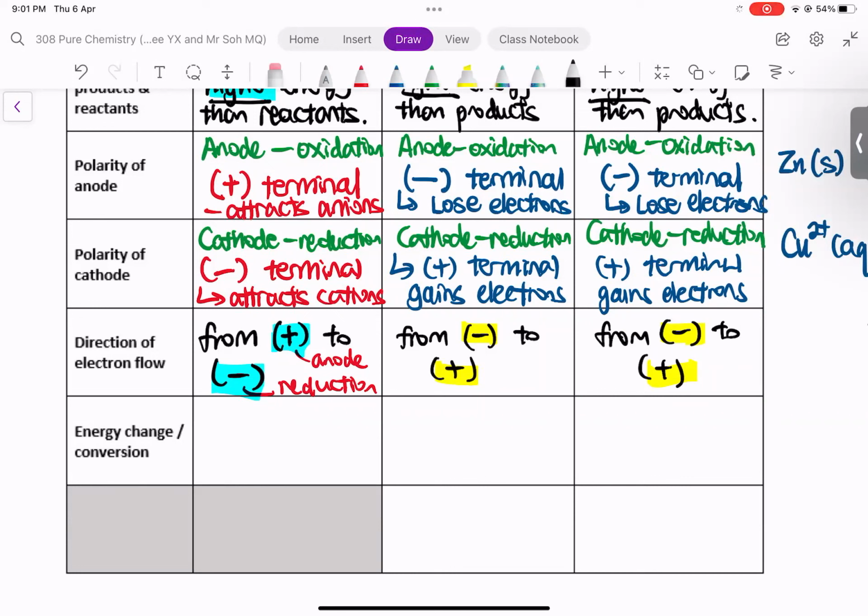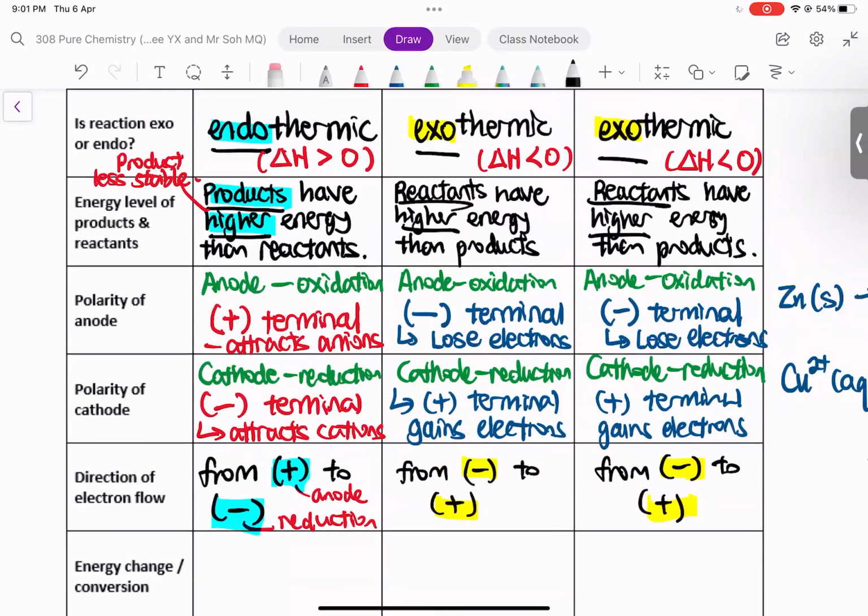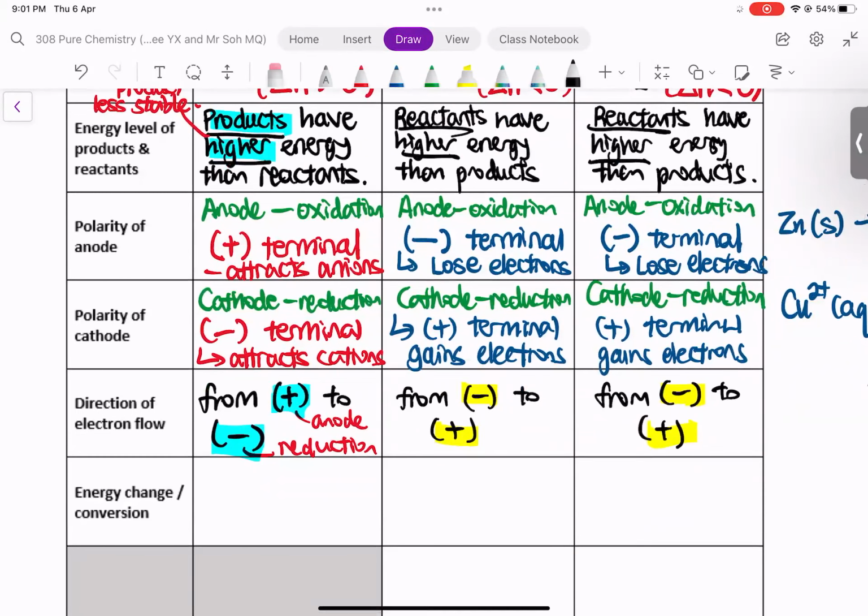Now, when they ask you for energy change, what they mean is two things actually. Number one, is it exo or endo? Right? But number two, they are also talking about the type of energy conversion, meaning in an electrolytic cell, what energy is converted to what energy?